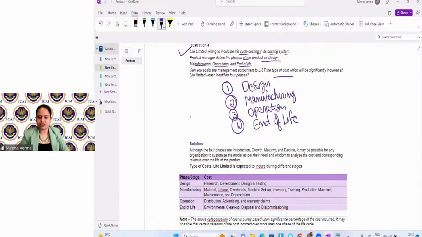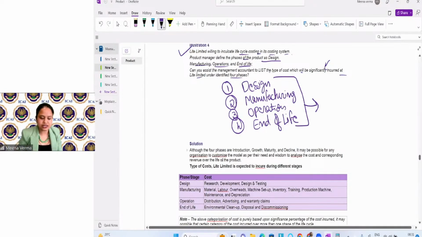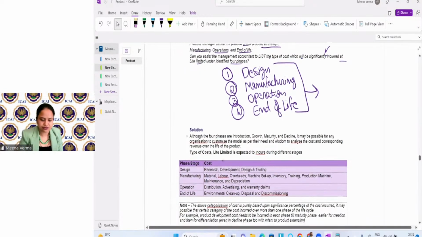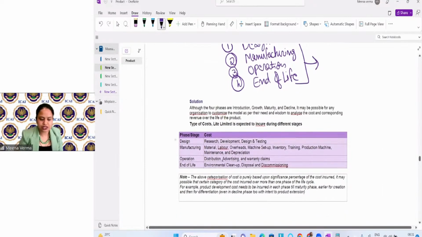The product is passing through these stages, as given here. Can you assess, as the management accountant, the types of cost that will be significantly incurred during these four phases? In the designing stage, we incur research and development cost, designing cost, testing cost.